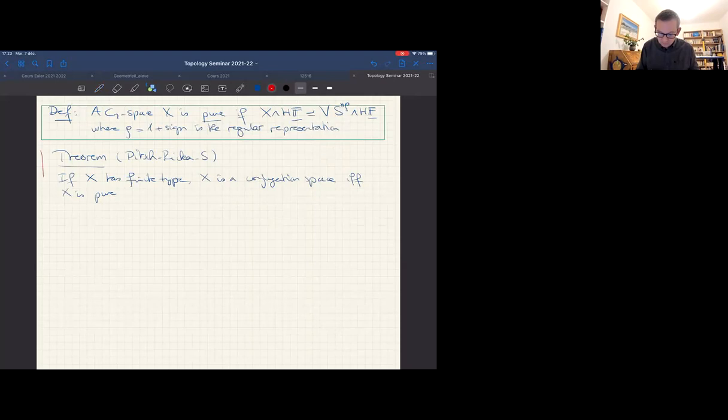And yes, maybe I didn't write down too many examples except CP^n, but in the original article about conjugation spaces, there's a whole family of conjugation spaces which they call spherical, which are constructed using open balls in C^n with conjugation action.